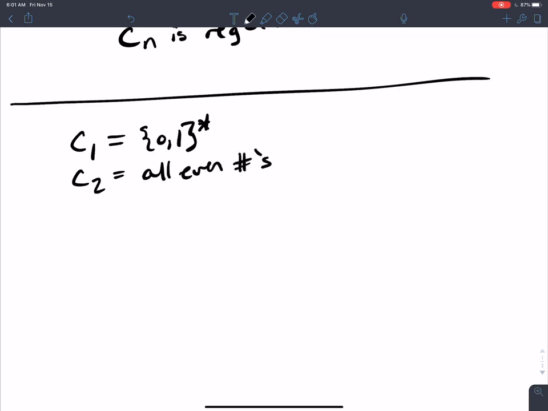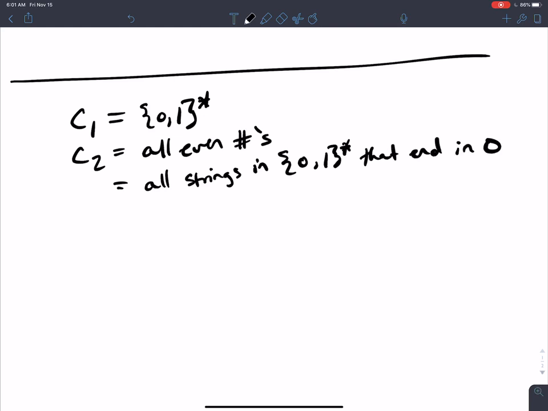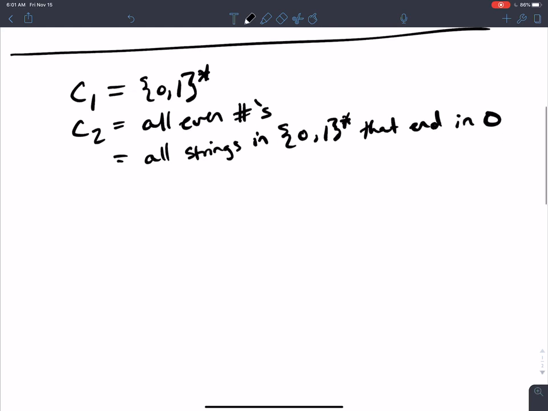And we know that all even numbers in binary end in a 0. So this is the same thing as saying all strings in {0,1}* that end in 0, which is the same thing as saying {0,1}*0.